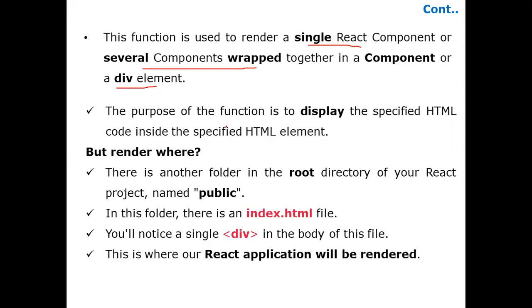Simply put, the purpose of the render function is to display the specified HTML code inside the specified HTML element. That is very simple. We want to display a table, an image, or a paragraph in the specified HTML element, whether in the body division element or the body paragraph element.